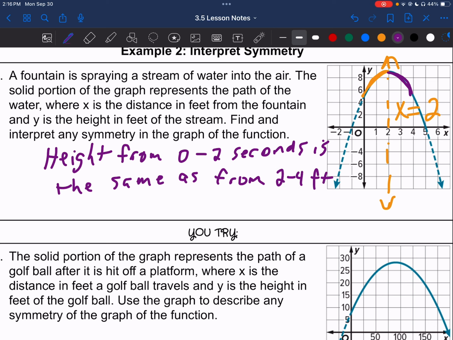Okay, not seconds. This is measured in feet. So our height on our left side is the same as the height on the right side for those portions. That is the part of the graph that is going to be symmetrical.